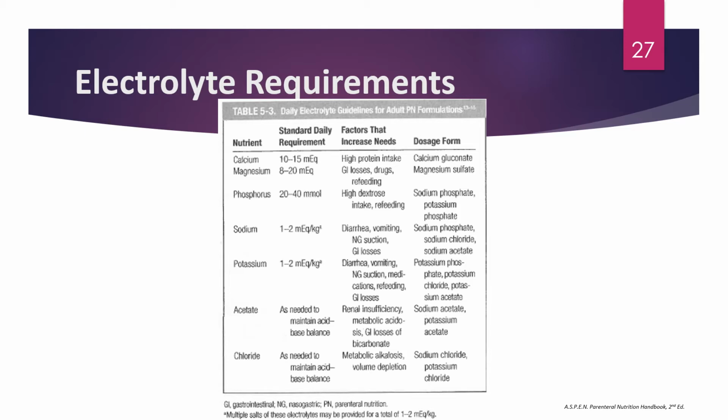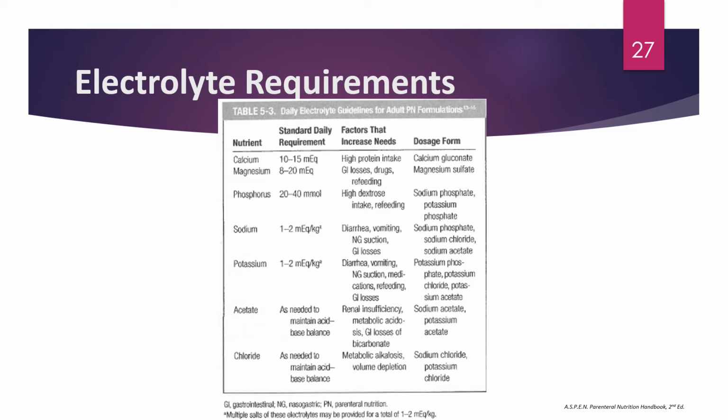What that means is that if a patient is very elevated, for example, on their chloride level, then we might not give as much chloride in the bag, or we might not give any salts of that type at all. If a patient is very elevated on their bicarbonate level, or their CO2 level on the basic metabolic panel, we might not give as much acetate, because remember that acetate metabolically converts to bicarb in the body.